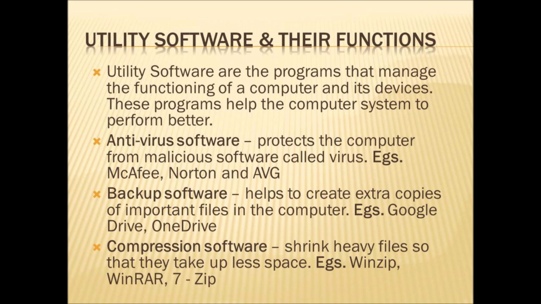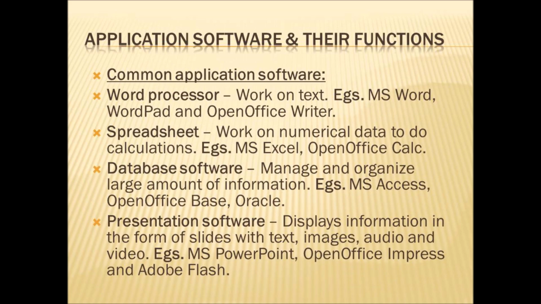To shrink the files, we are using the software, that is WinZip, WinRAR and 7-Zip. These are the software that are used to compress the files. Antivirus software, backup software and compression software are utility software that will help the computer system to perform better.